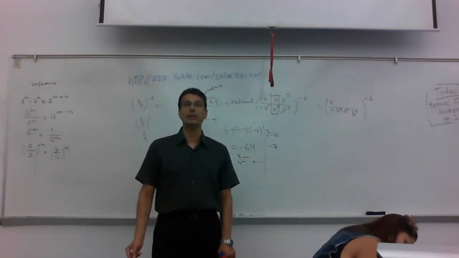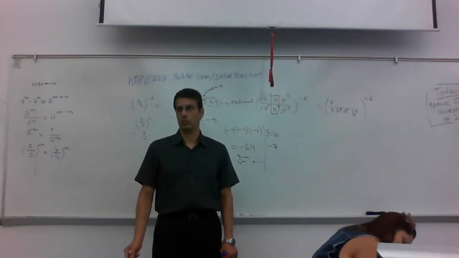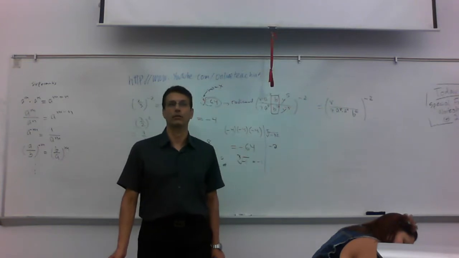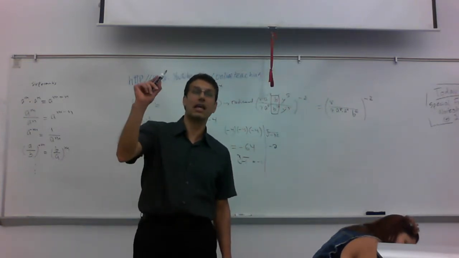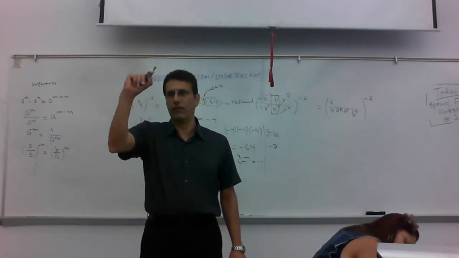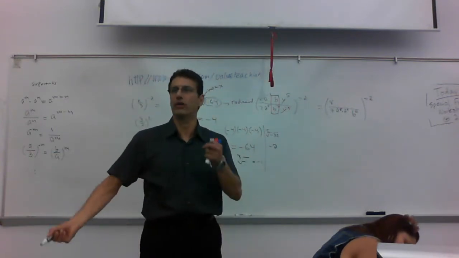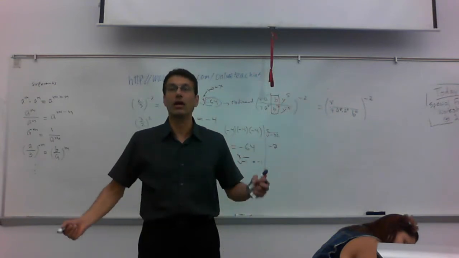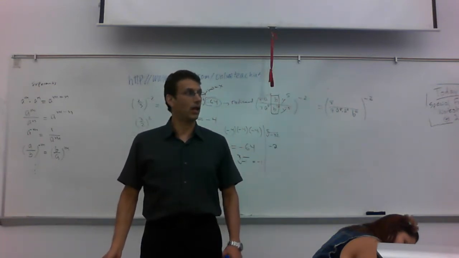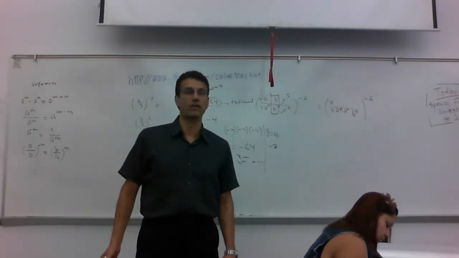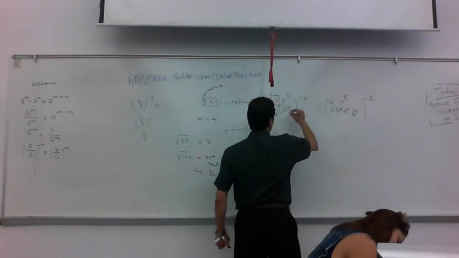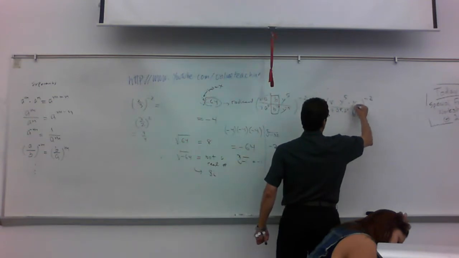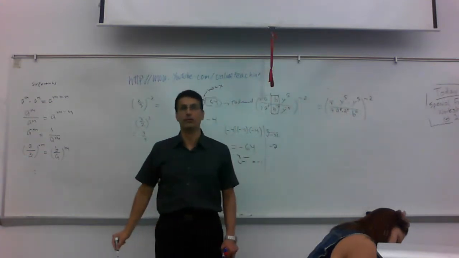Can I cancel it? Yes or no? No. Why not? They don't have identical exponents. If they had the same exponent, meaning both of them 5 or both of them negative 5, just drop it. But they are not identical. One is positive 5, one is negative 5. So keep y to the power of 5 and bring the negative 5 up, make it positive 5. Do you see what happened?